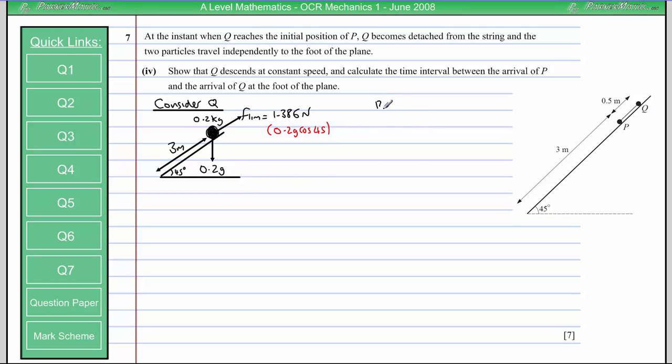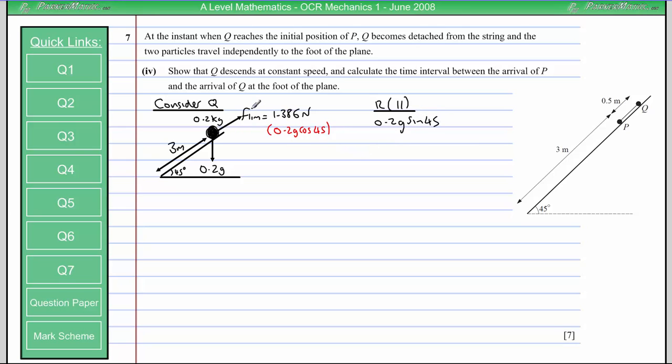Let's think about resolving parallel to the slope. Let's take downwards to be positive, so we've got a component of the weight which will be 0.2 g sin 45.